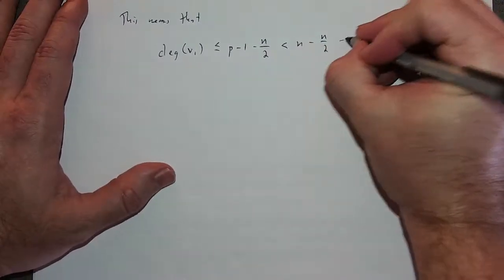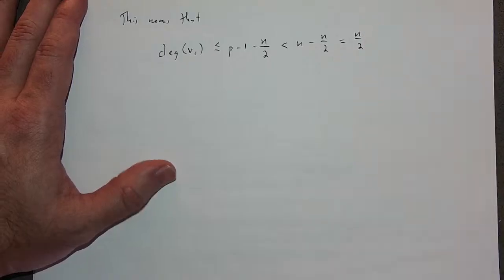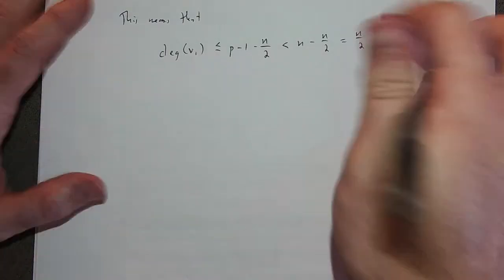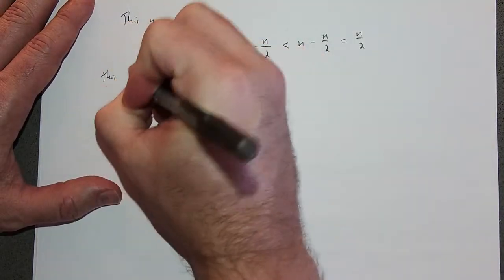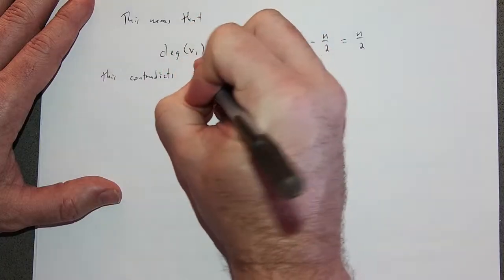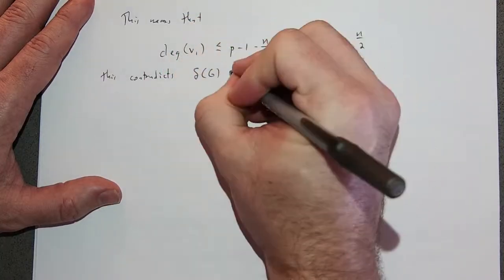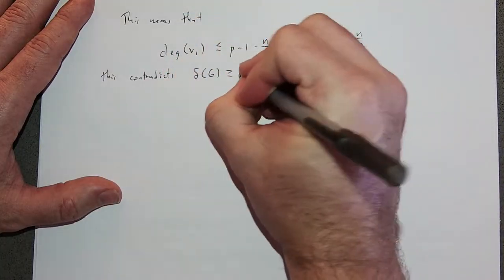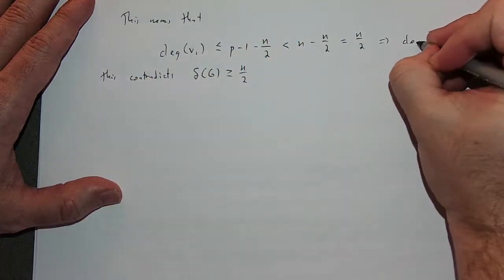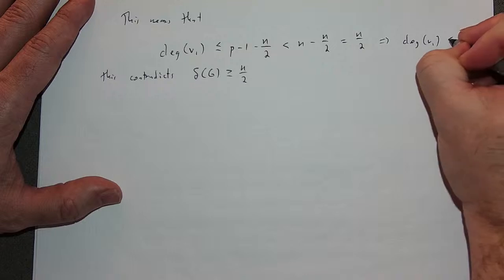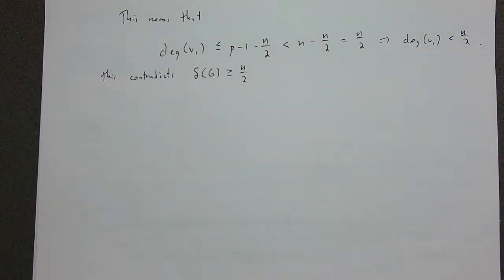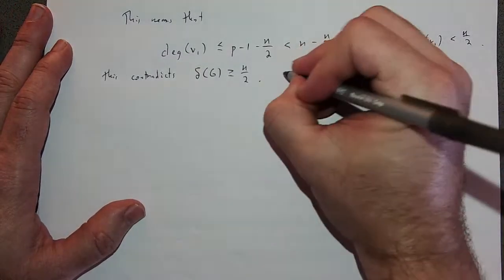But n minus n over 2 is just n over 2. But this contradicts that the minimum degree of G is greater than or equal to n over 2, since this implies that the degree of this vertex v1 is strictly less than n over 2. Thus, the claim has to be true.